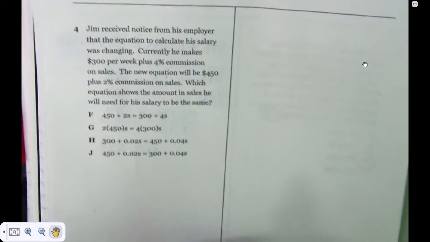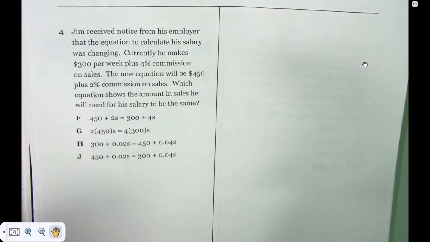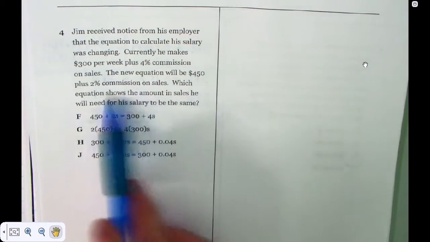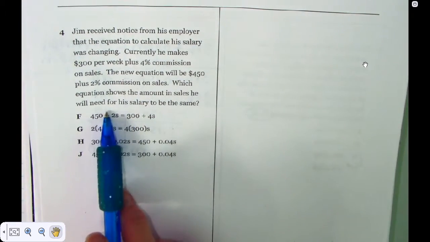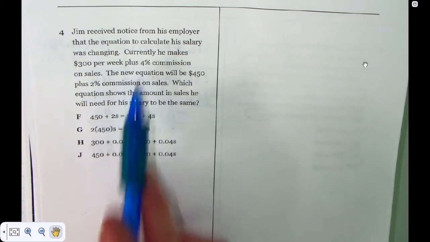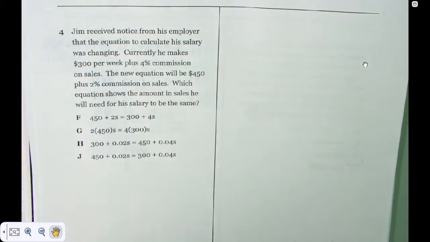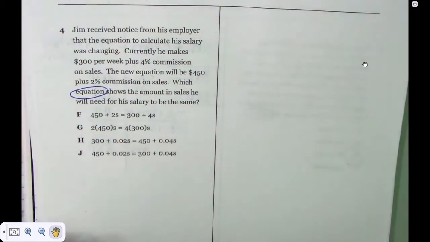Number 4. Now we've got Jim. Look, he gets a commission. He might sell insurance. He might sell cars. He might sell boats. He works on commission. So he gets a percentage of what he sells. Guys, it's not asking for the answer. It's saying which equation.